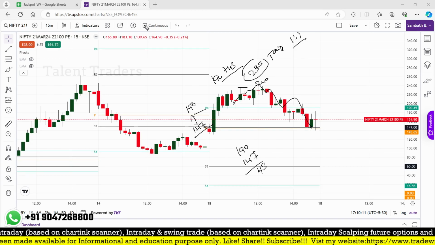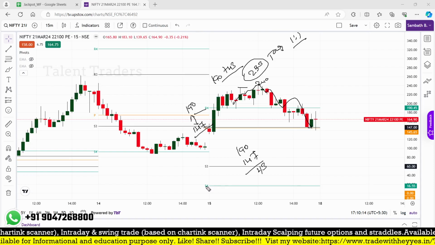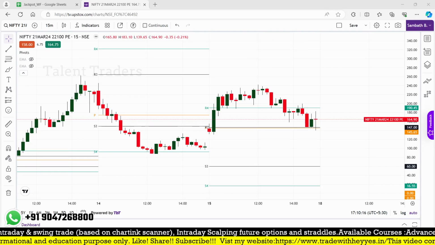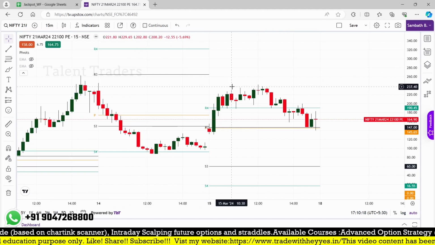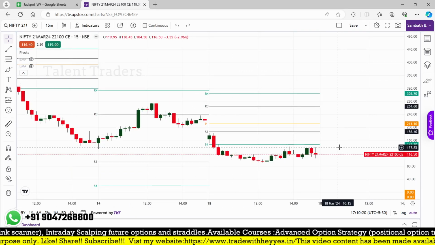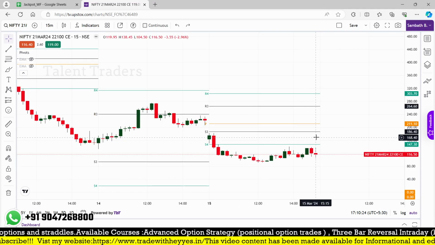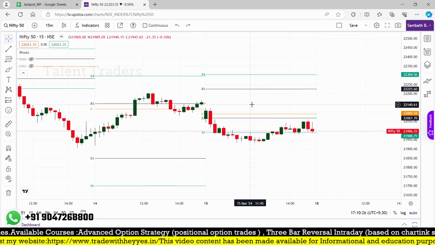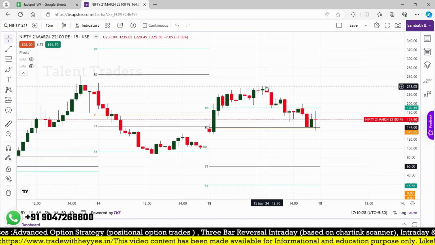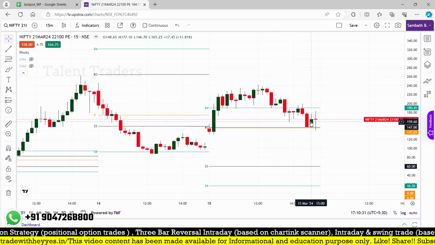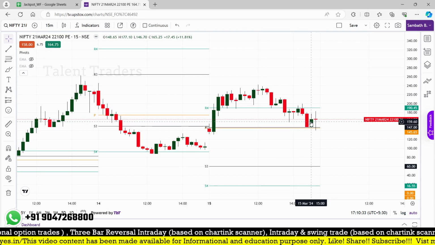If you look at the 2100 put option, once it broke the lower support, it could not move higher towards the resistance or that support level. It is not a pullback, but in this case it went higher and again came down to the same price. Why? Because of time decay.